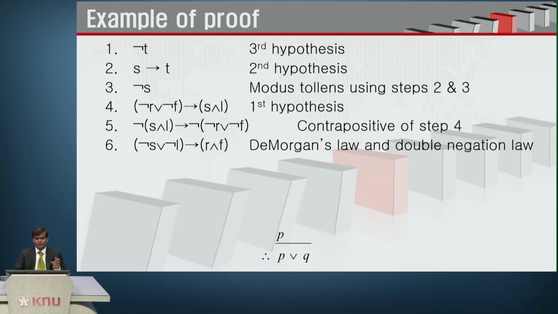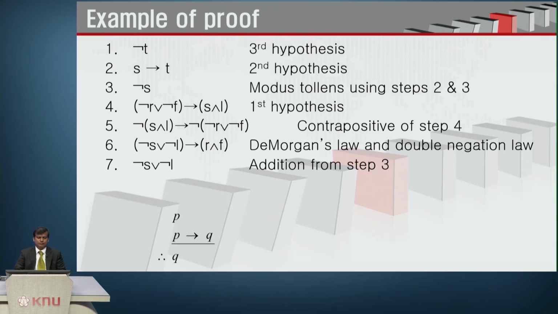Therefore we can use this part: if P is true, then we can say that P or Q must be true as well. So we can use it here, addition from step 3. If P is true and P implies Q is true, therefore Q must be true.